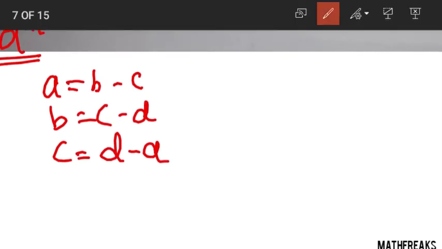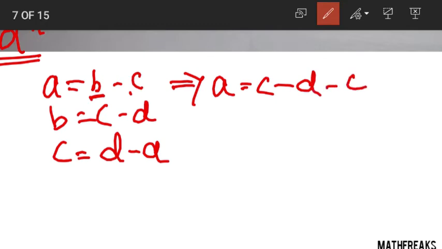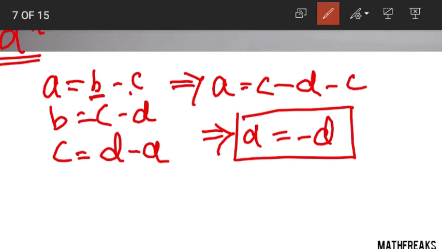So if we substitute the value of b here, we would get a is equal to c minus d minus c. So this would be a is equal to minus d. Now minus d is equal to a, right? So this expression converts b to c plus a.